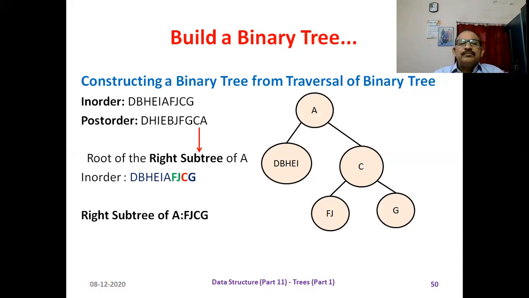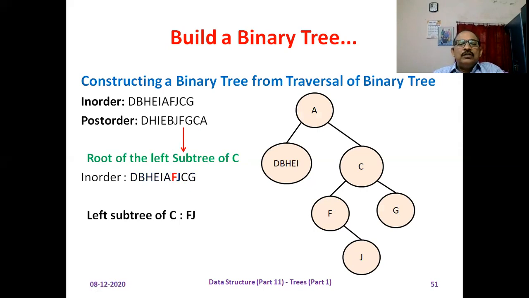You can see G is the right of C. Therefore, G becomes the right child of node C. And the F, J nodes are the left of C, and these nodes become the left subtree of C. Now, focus on the left subtree of C, that is F, J.